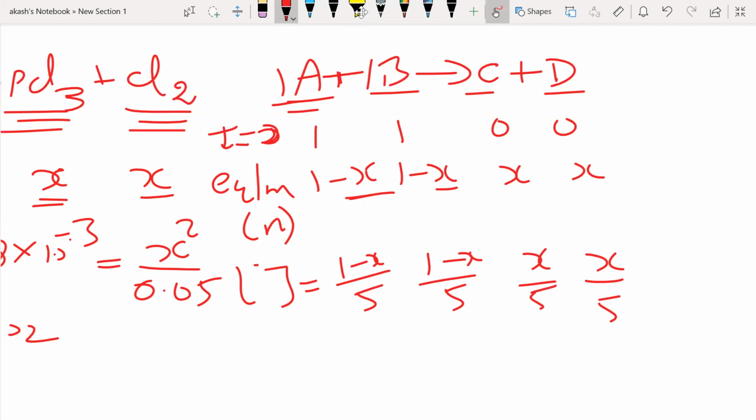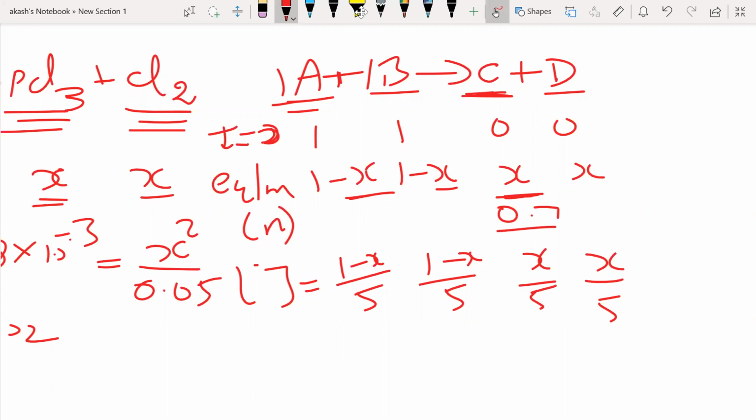Now, in the question, if 1 mole each of A and B are taken in a 5-liter flask at 300 Kelvin, 0.7 moles of C are formed. They're telling us that C at equilibrium has 0.7 moles. That's it. They have directly given us the X value.